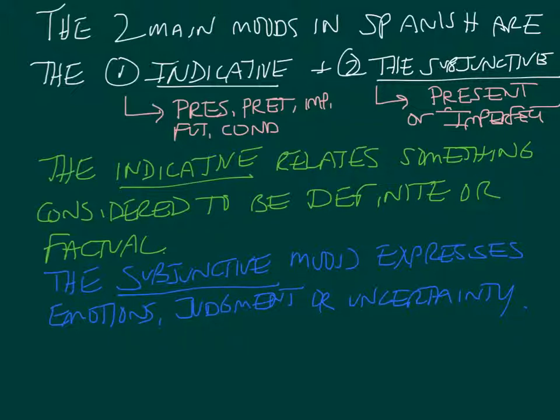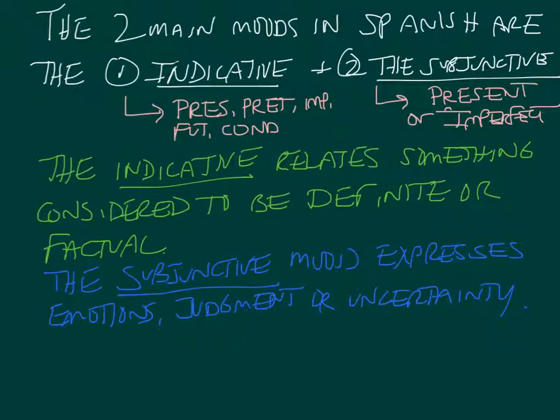The indicative relates something that is considered to be definite or factual, whereas the subjunctive mood expresses emotions, judgment, or uncertainty. And we will break that definition down in much more detail as we move forward. But that's the basic difference between the two moods we have in Spanish, the indicative and the subjunctive.